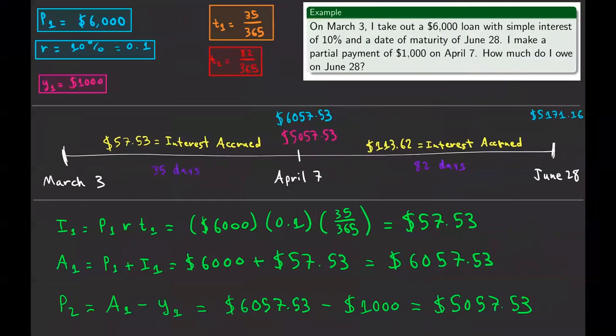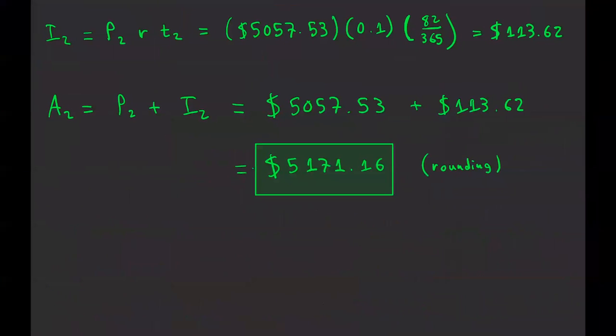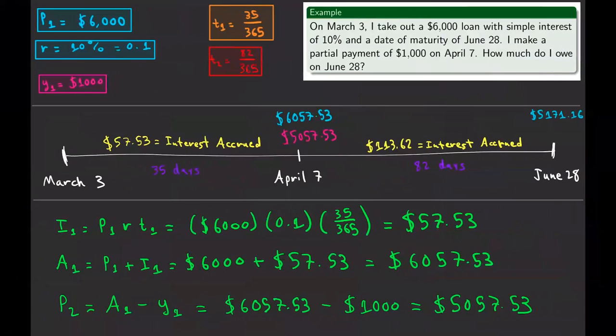Everything else, all of this on this slide and this slide, is the same thing that we've done before. No different there. Once we calculate the 35 and the 82 days, we're just on our normal problem solving of partial payments. So I'll go ahead and leave that as the lecture, and I'll see you next time.